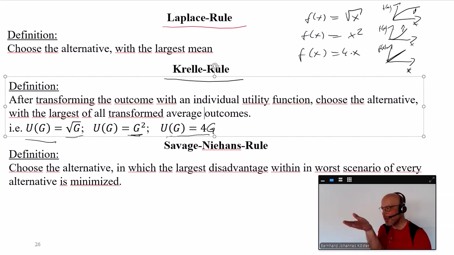So I'm choosing the line, the alternative. And then I ask myself, what could have happened? Because I have 3 different scenarios.